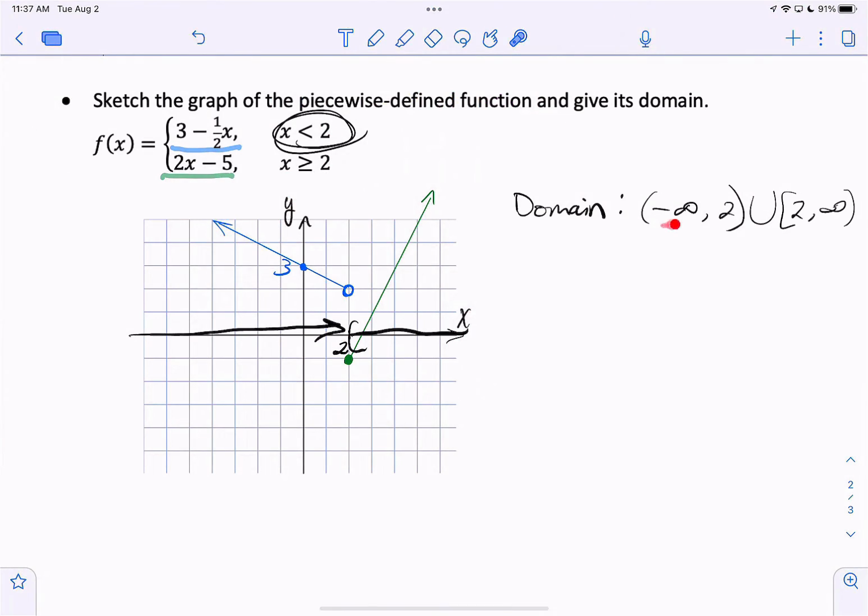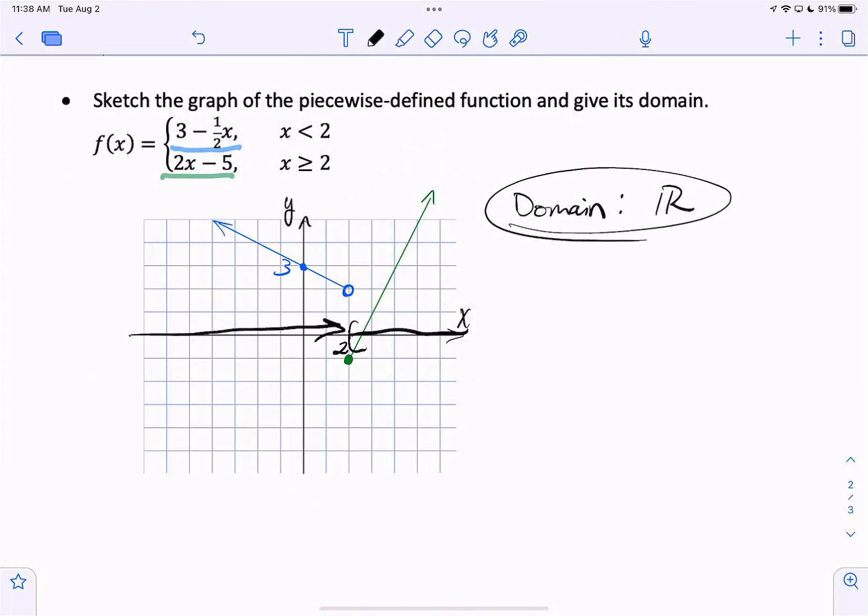Well, this says go from negative infinity to infinity, and then don't include 2, and then do include 2. This is not how we express the domain of a piecewise defined function. No matter what real number I'm thinking of, if it's less than 2, I have a rule for it. If it's greater than or equal to 2, I have a rule for it. The domain is all real numbers. So when you think of a piecewise defined function, it's got a single domain, and in this case, it's all real numbers.